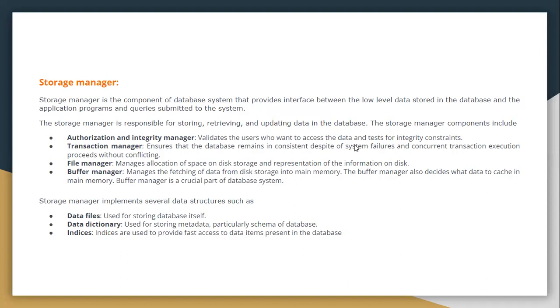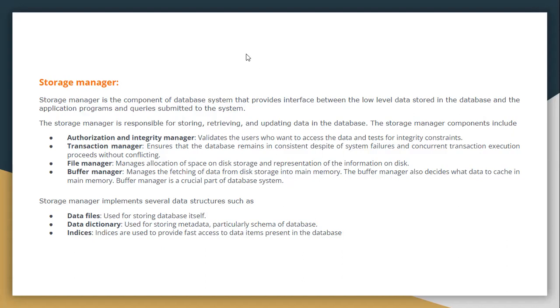The buffer manager manages the fetching of data from disk storage into main memory, and it also decides what data to cache in main memory. The buffer manager is a crucial part of the database system. The storage manager implements several data structures such as data files, data dictionary, and indices.